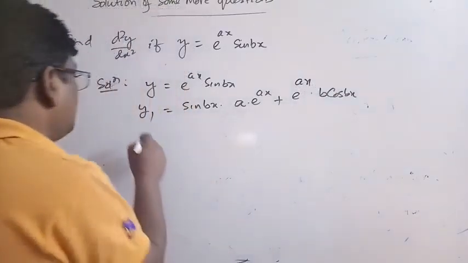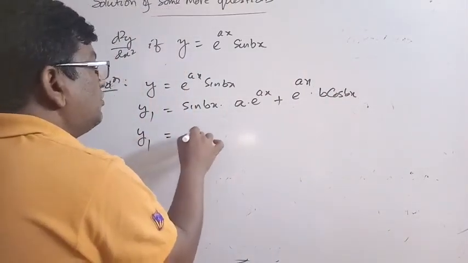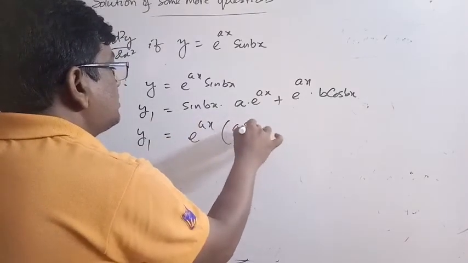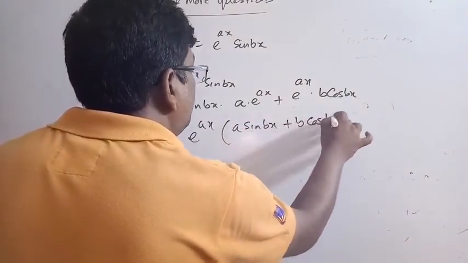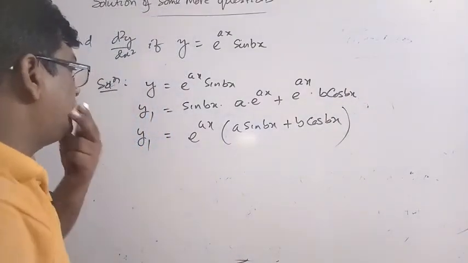Okay, so y1 is equal to common here e to the power x, and this is equal to what? a sin bx plus b cos bx.